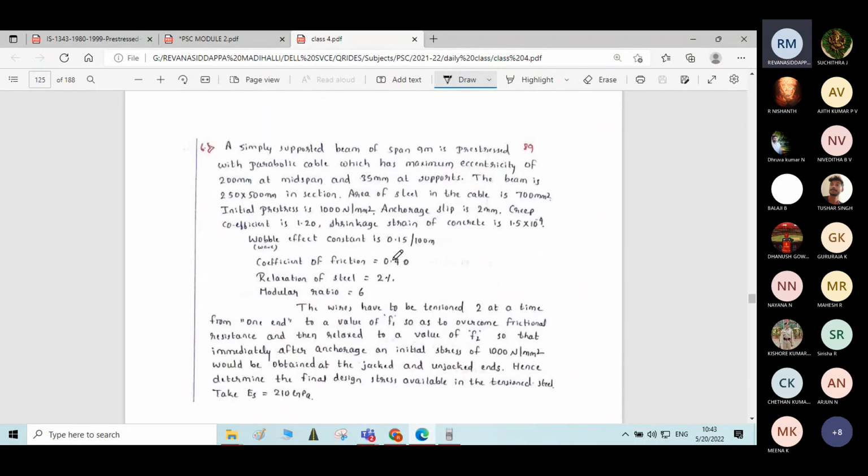A simply supported beam of span 9 meter. Write the problem quickly.